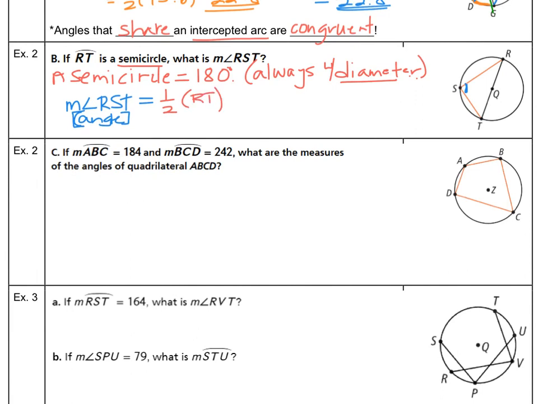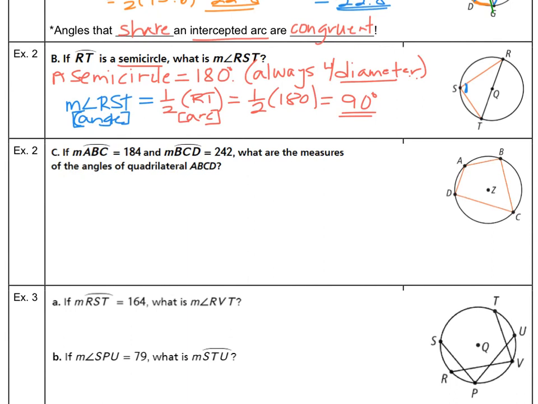So write that in there, and then underneath it, please write arc. If the measure of that semicircle arc is 180, then we're just going to take half of 180, or 180 divided by 2, either way. You should get 90 degrees for the measure of angle S, which would make that a right triangle inside that circle.